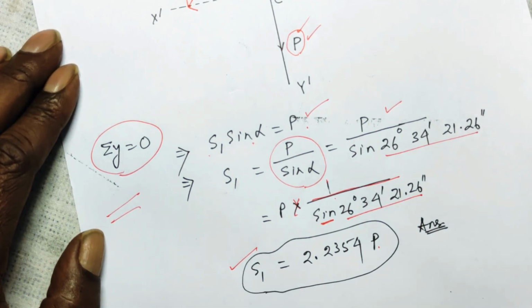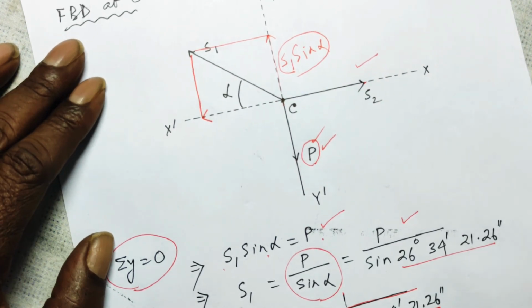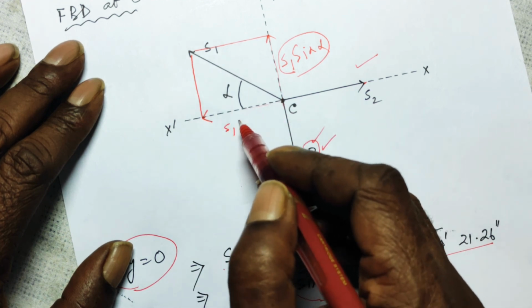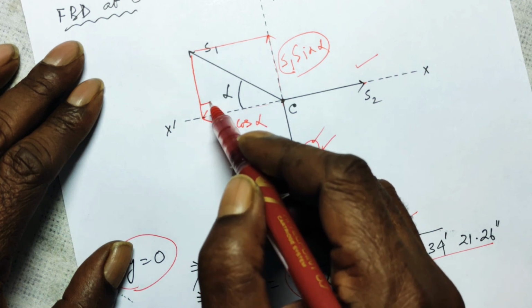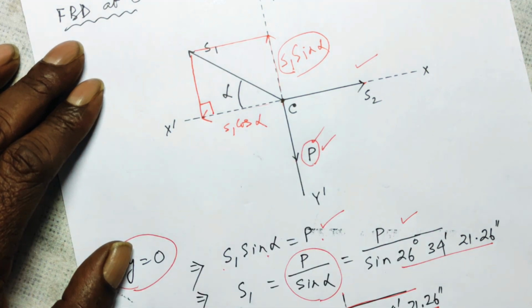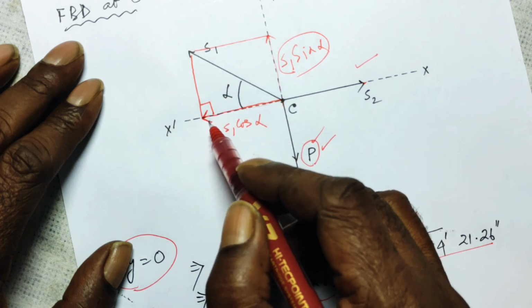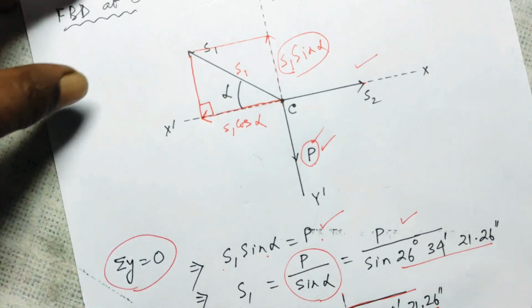Then the second answer, to find S2, now how much is this? This is your S1 cos alpha. In this triangle, which is right angle here, if you take cos alpha and cross multiply, you get this length. The projection of S1 on x-axis is S1 cos alpha.